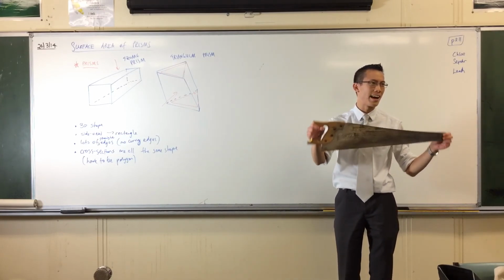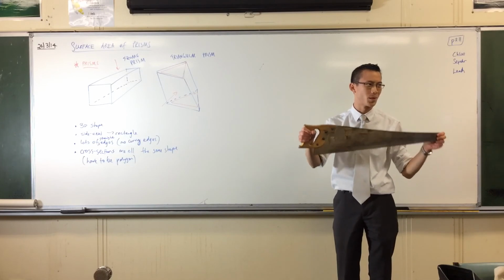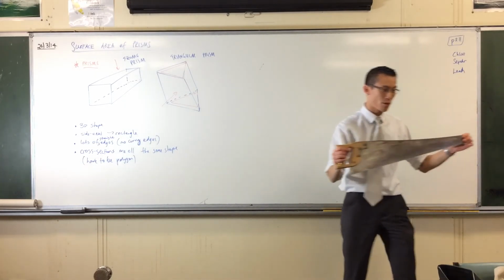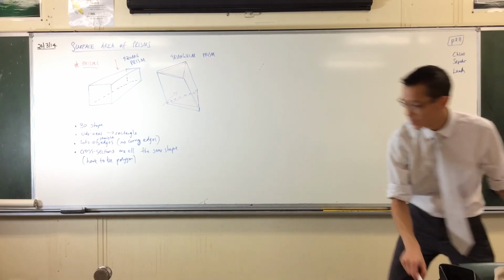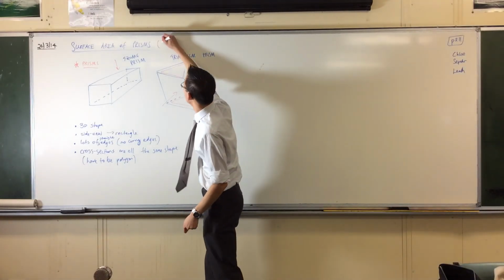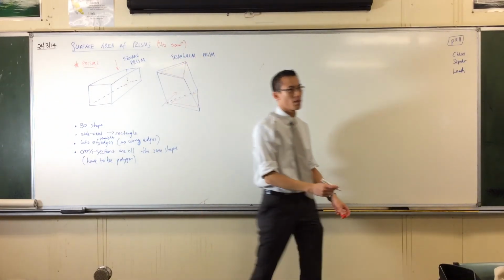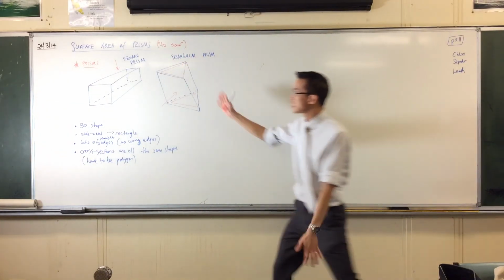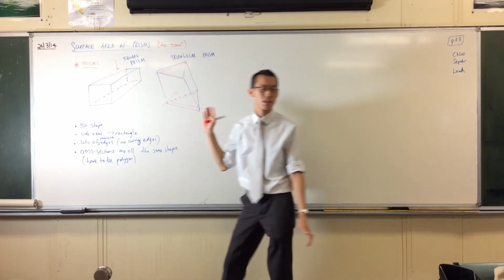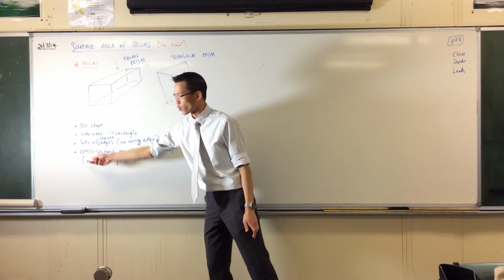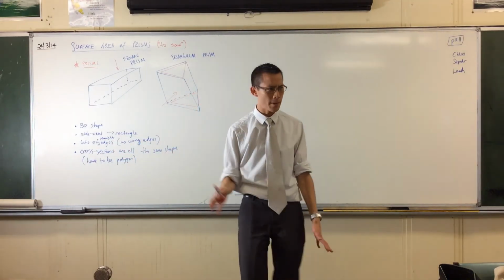That's funny, because I got it from school, so it's definitely around within schools. Prism means to saw. That's what the word actually means. And the idea is that you can take these kinds of shapes and you can saw them across and you'll get the same kind of cross section. Okay? Does that make sense?